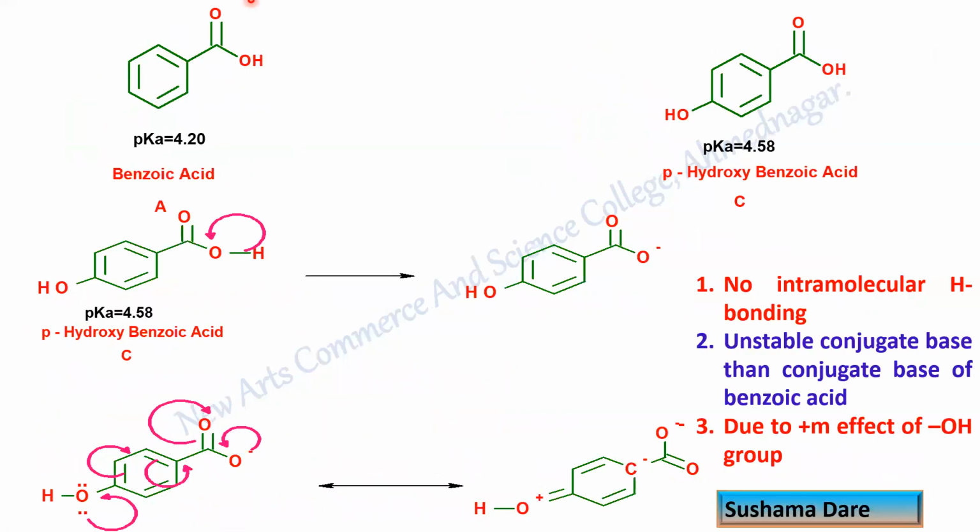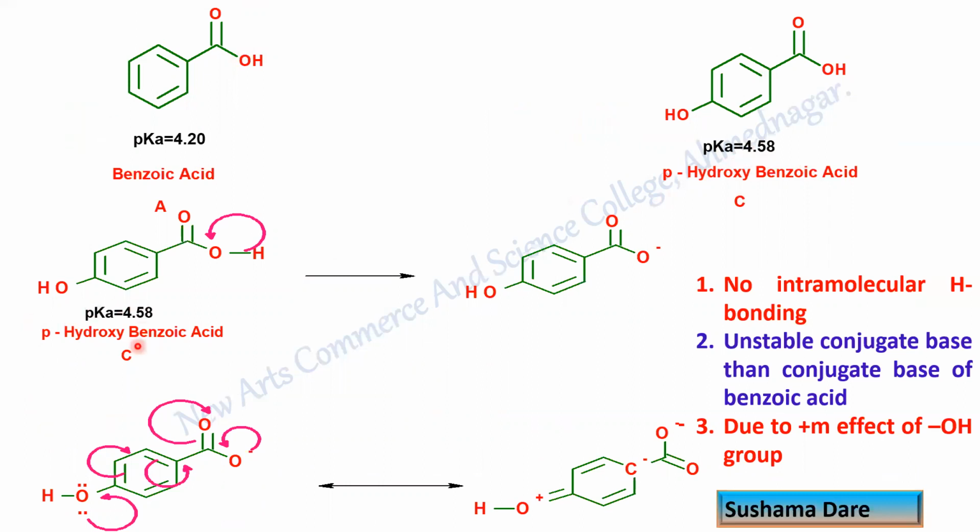Now, this is benzoic acid, and this one is para-hydroxybenzoic acid. Benzoic acid is 4.20 and para-hydroxybenzoic acid is 4.58. That means para-hydroxybenzoic acid is a weak acid because the pK value is large. So why does this happen?